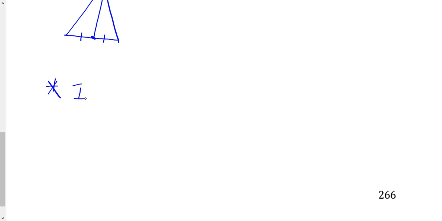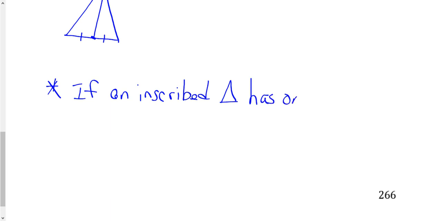So if an inscribed triangle, and you know what inscribed means already, has one side as a diameter of the circle it's inscribed in, it is a right triangle.